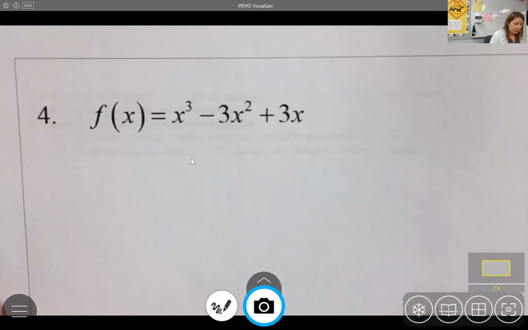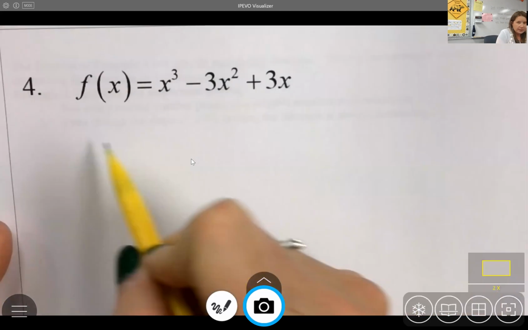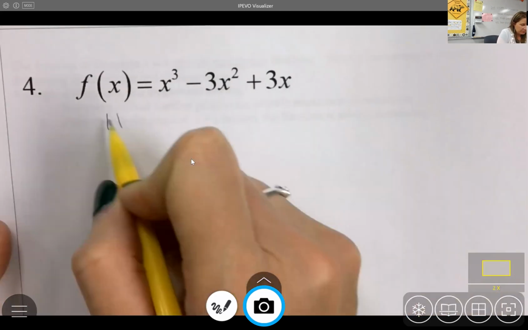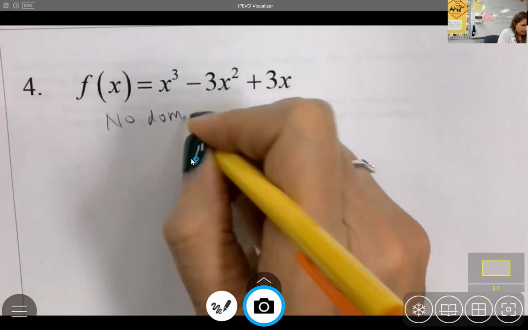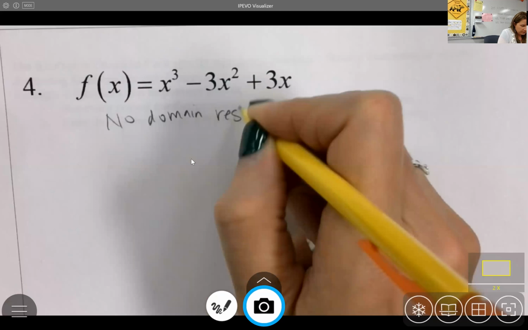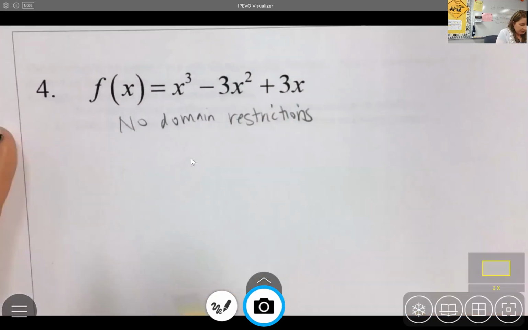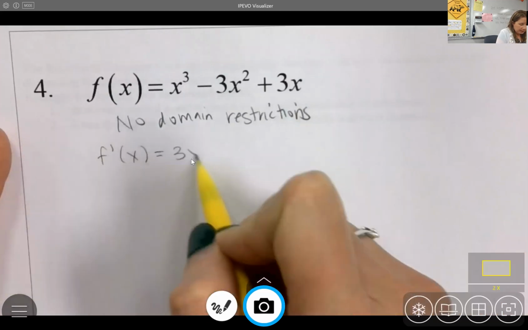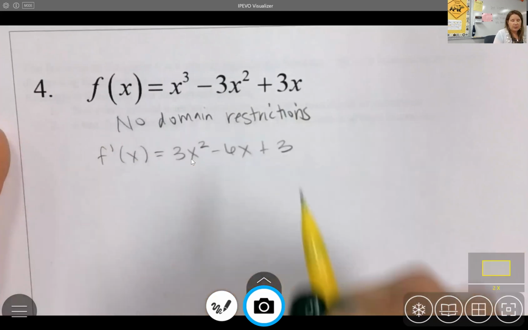Okay, so one more of these, and this is a cubic function, so there's no domain restrictions. Okay, and then I have to find where the derivative is undefined or 0. So 3x squared minus 6x plus 3.